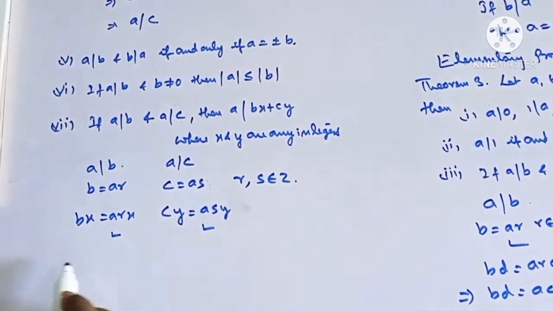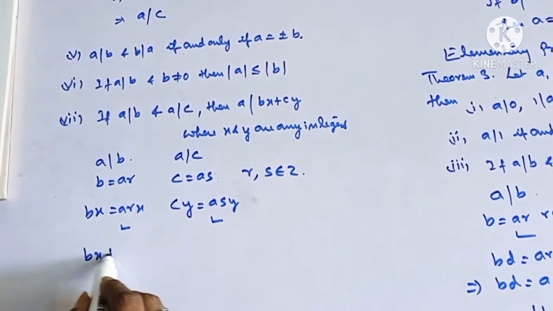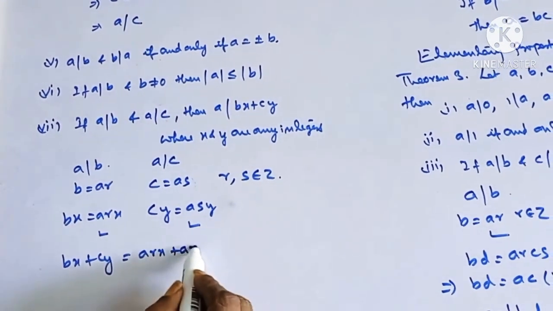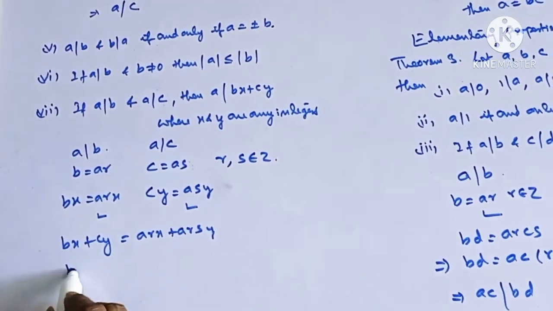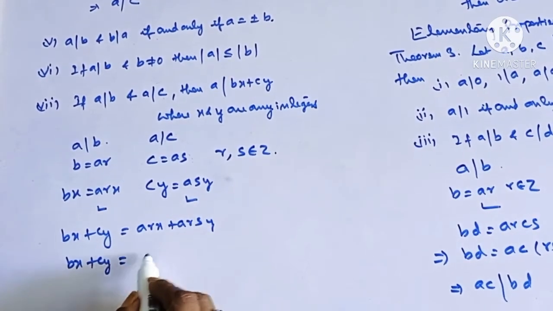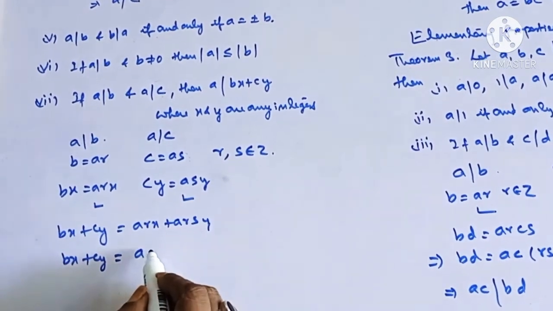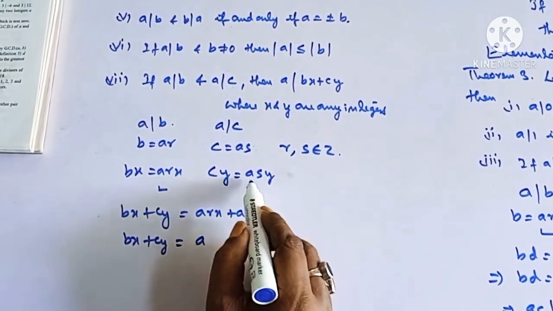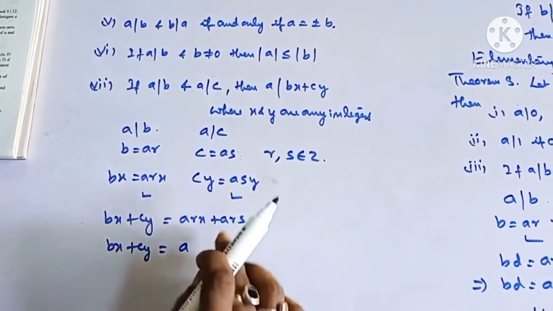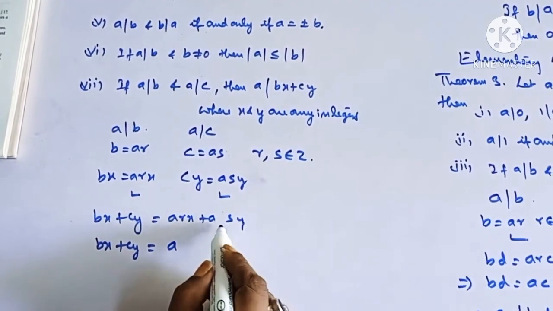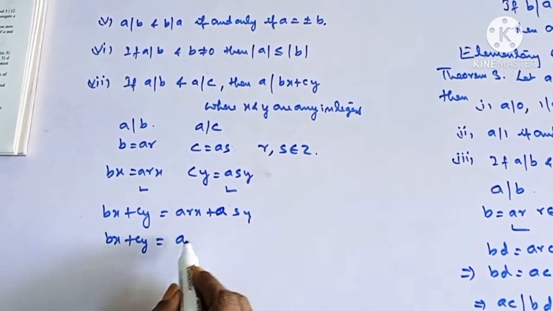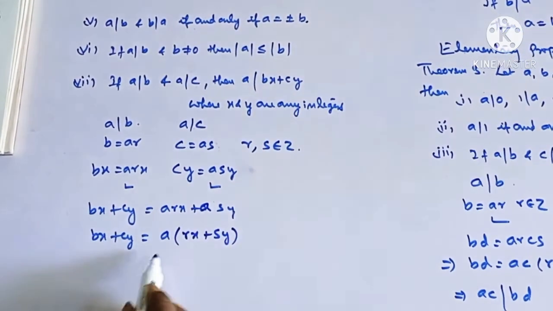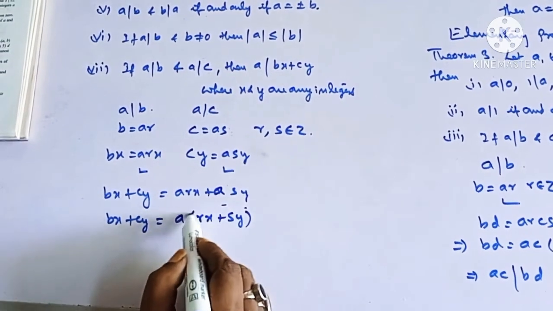Now these two equations I added up. So bx plus cy is equal to arx plus asy. Now bx plus cy is equal to a common, rx plus sy. So here you see this is some integer.